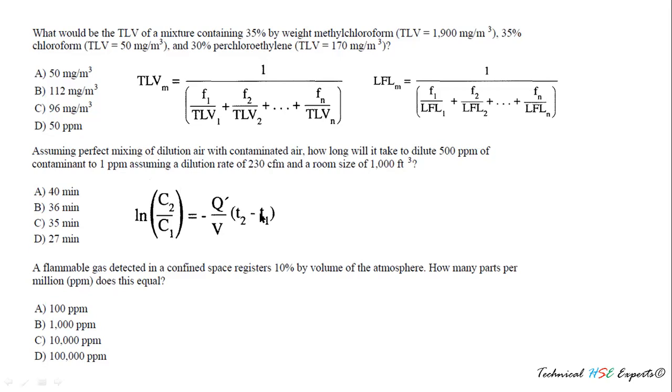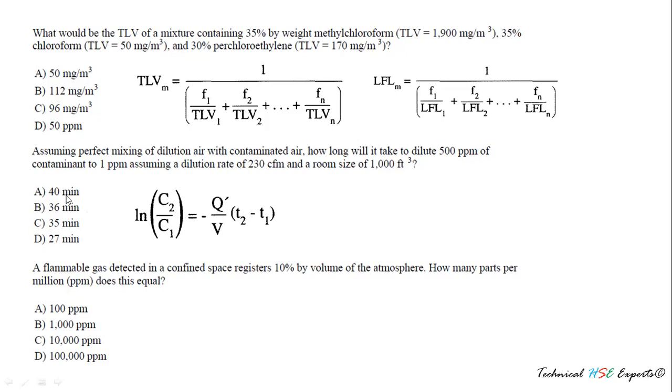So we need to identify time. Keep time for this question, keep the time on the right hand side, and move all the other things to the left hand side. Then ln C2 divided by C1 times V divided by Q. There is a minus symbol, so it just becomes addition if it goes to the right.